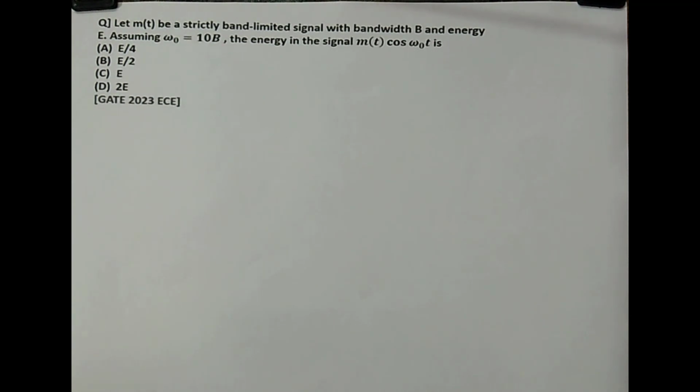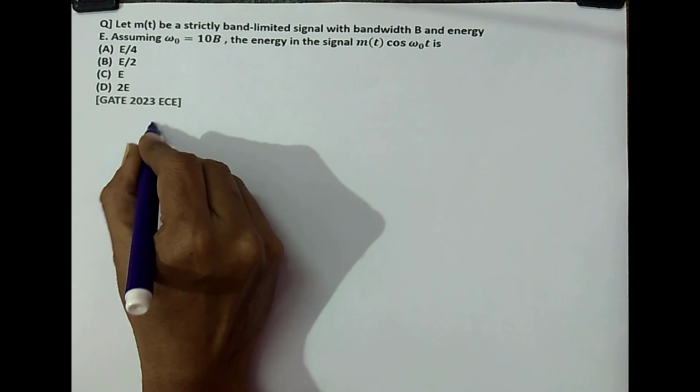Let m of t be a strictly band limited signal with bandwidth B and energy E. Assuming omega naught equal to 10B, the energy in the signal m of t cos omega naught t is. Okay. So what is m of t?